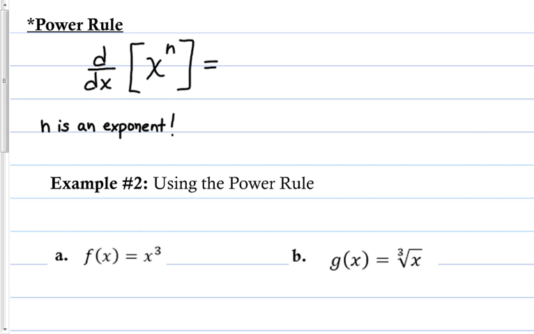You take n, bring it to the front to multiply by the x to the n, but then you subtract 1 power from the exponent.